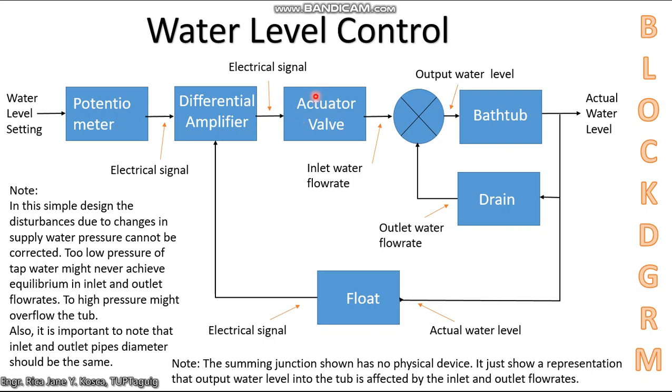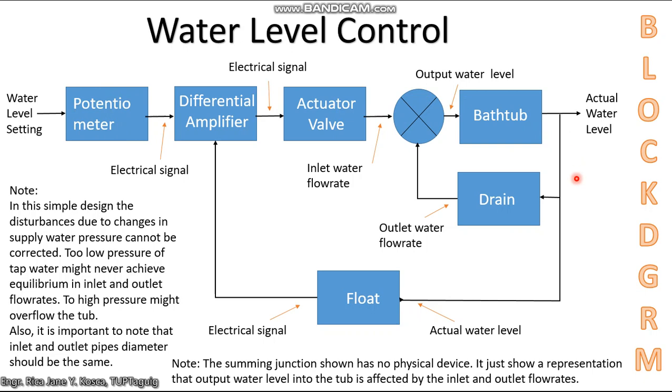Pag 80% open, mas malakas ang flow rate nun. So, paano ba siya nagva-vary ng 20%, 40%, 60%, or 80% open? Depende yun sa amount ng voltage error na binibigay ni differential amplifier. Okay? So, flow rate is varying here according to the setting here.